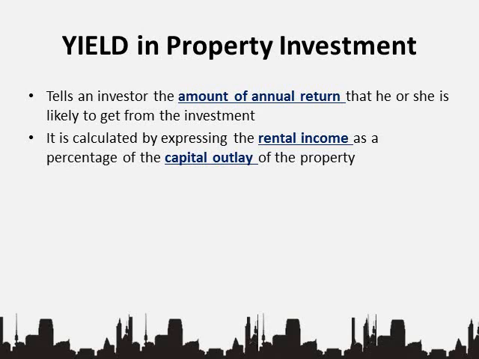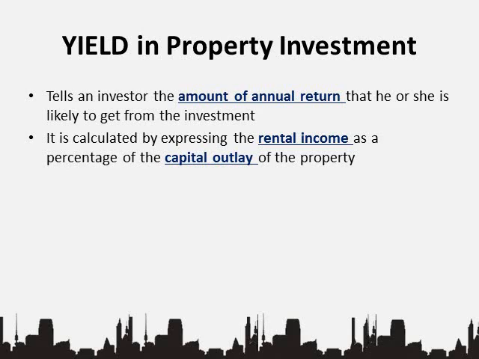So this is the yield in property investment. The yield for property investment tells an investor the amount of annual return that he or she is likely to get from the investment. Say the investor rents out his property and gets a monthly income. We multiply that monthly income by 12 months to get the annual income.